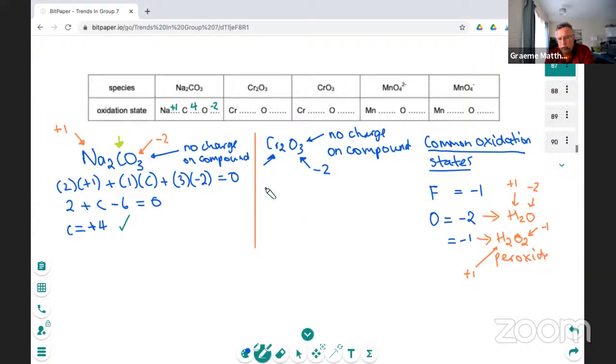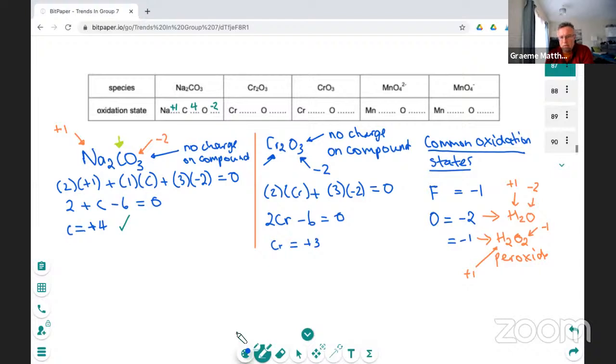I've got 2 chromiums, so 2 times chromium plus 3 times -2 adds up to the charge on the compound, which in this case is 0. So 2 chromiums, -6 is 0, and so chromium is +3.